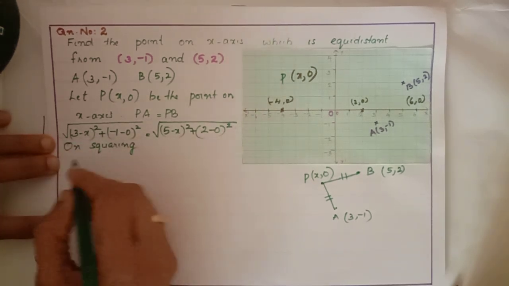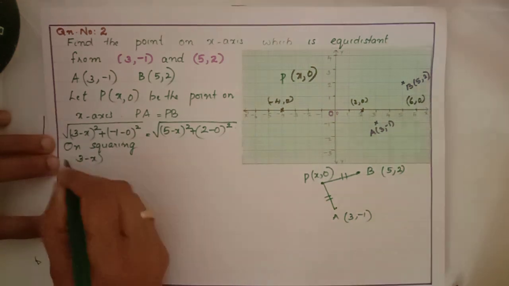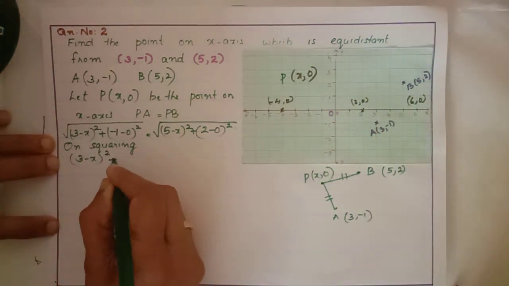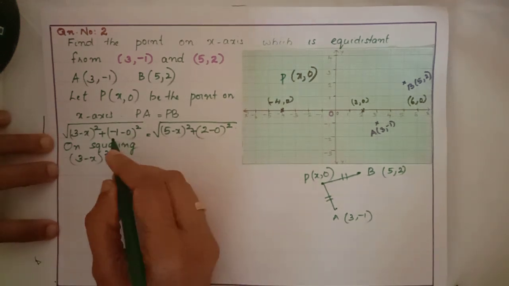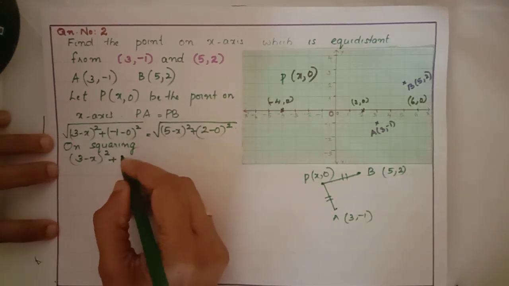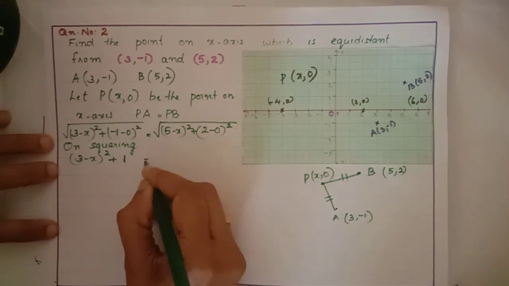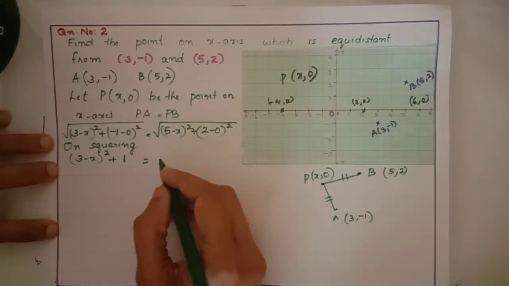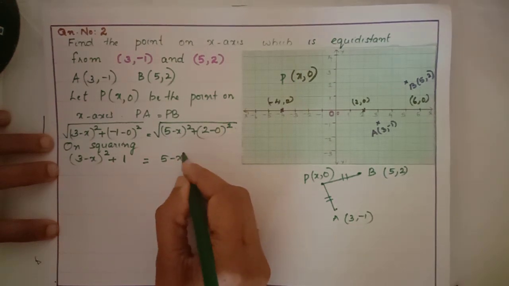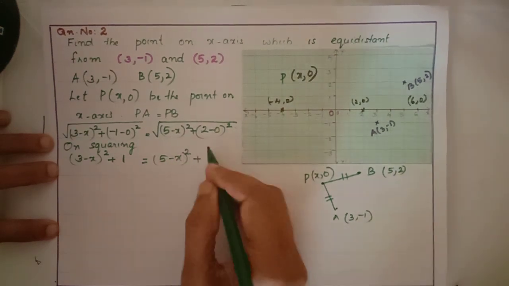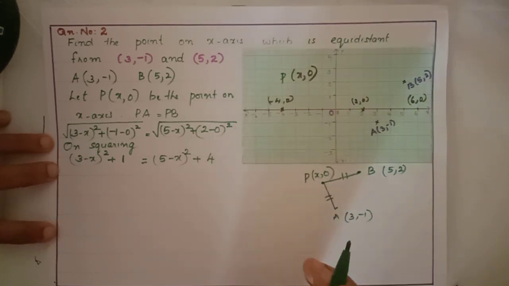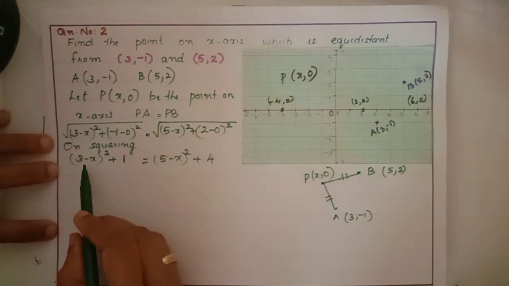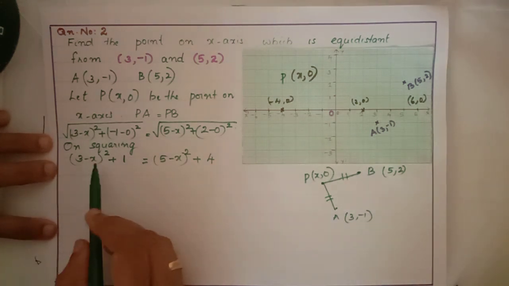On squaring what we will get? Square root will vanish. So (3 minus x) the whole square plus here (minus 1 minus 0), minus 1 square is 1, equal to, here also square root will vanish, (5 minus x) the whole square plus (2 minus 0), 2 square is 4. Okay, children. Now again we have to apply the identity (a minus b) the whole square.